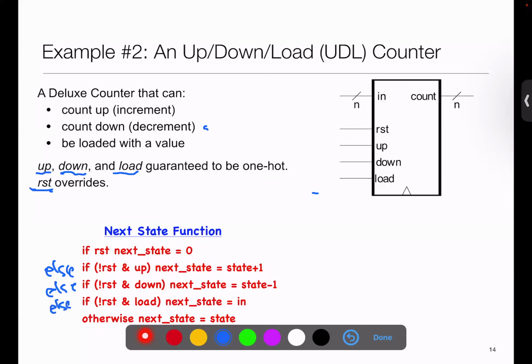I guess the point I'm trying to make is it looks like you're writing a program really, and indeed you are, and this is why hardware description languages like Verilog, which hopefully those of you who get into computer systems will see in some future course, look like specialized programming languages. And what about the output? Output is trivial, count is state. Okay, output is count, and count is the same thing as our state variable. So that's what this counter is.